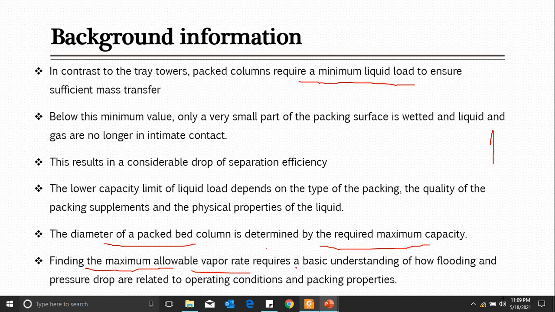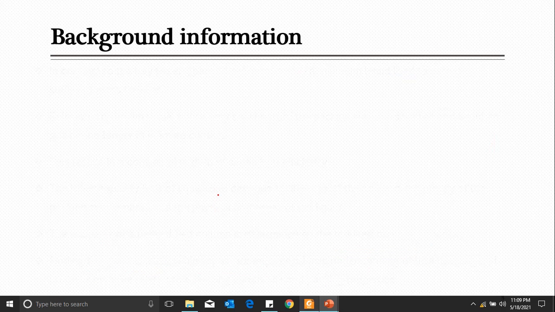As well, when we have decided that we have to maintain some amount of liquid inside the column for the specific separation, and we have decided the vapor flow rate, that will also affect the pressure drop as well as flooding inside the column. So all these conditions are linked with this.